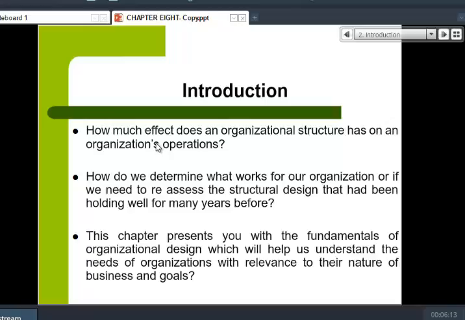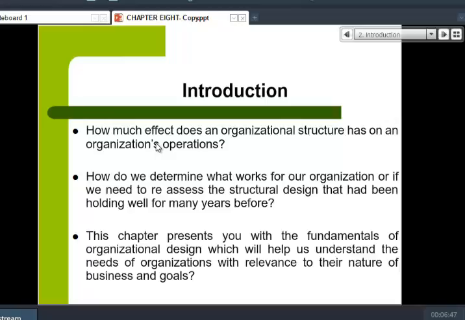It can happen in one's company that when the CEO has been changed, they might do a restructuring, because each CEO depends on his or her own structure for the company. So it might happen that we reassess a structural design that had been holding well for many years before, or redo the structural design for the organization.